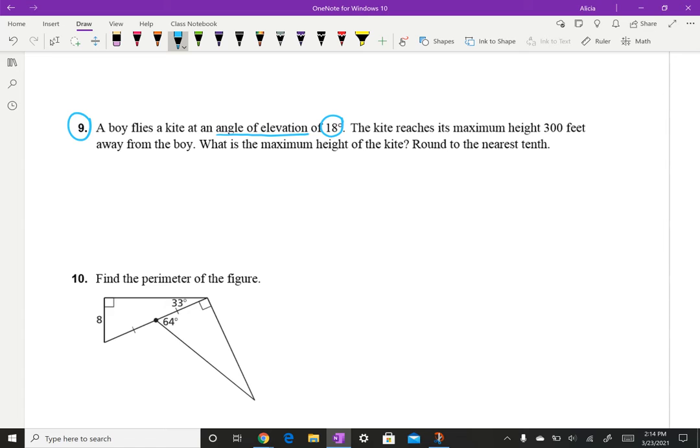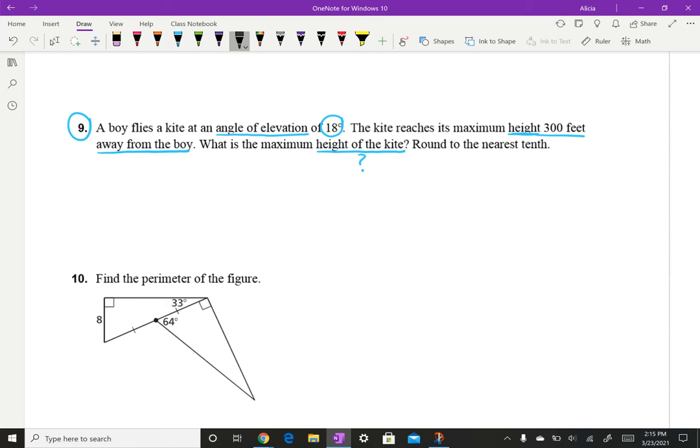It says the kite reaches a maximum height of 300 feet away from the boy. And then it asks, what is the maximum height of the kite? Remember, this is the maximum height 300 feet away from the boy, and what we're trying to find is the height of the kite. That's what we don't know.